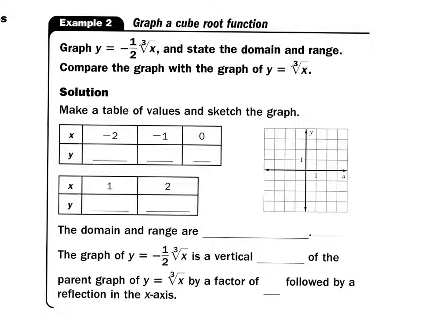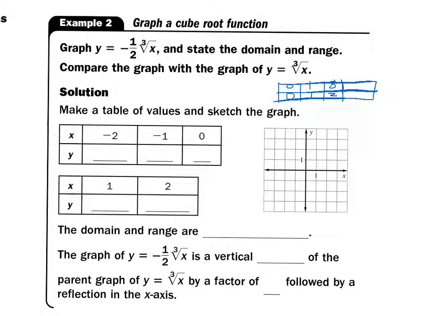So if I put in a 0 up here for x, what do I get out for y? 0. If I put in 1, I'll get a 1. Let's see, the first real pretty cubic root I have is 8. And then I'll get out a 2 because the cubic root of 8 is 2.